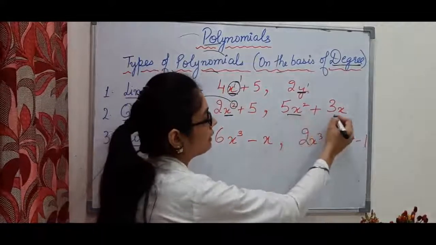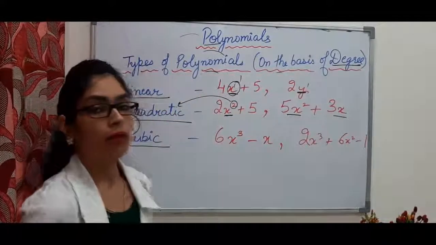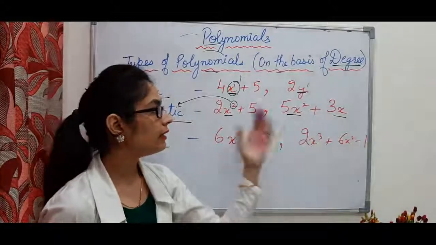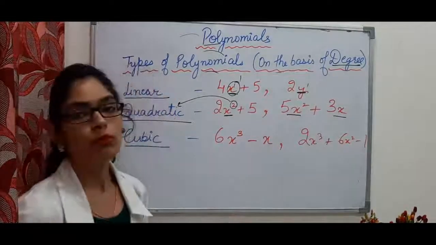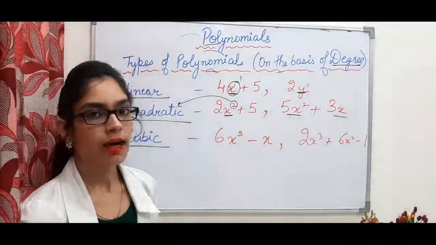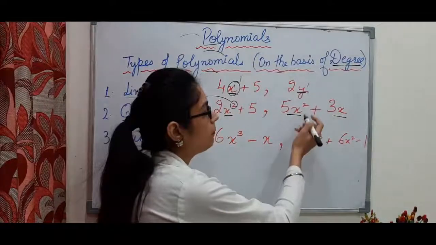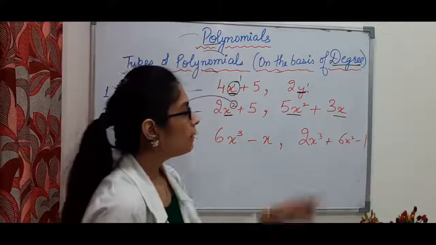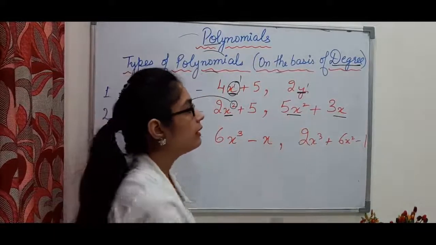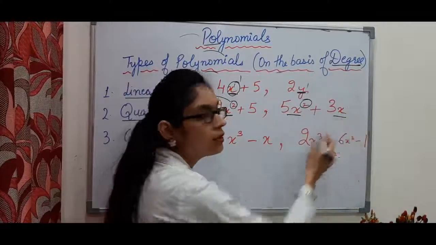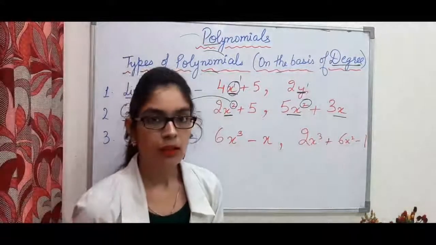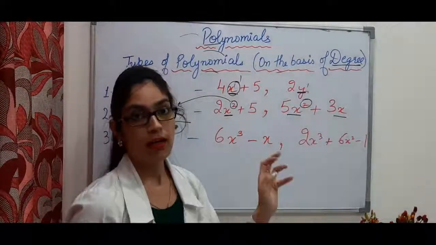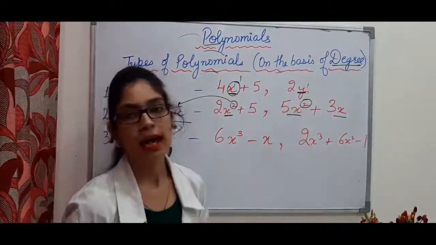Again if I see this, while you are seeing the degree of the variable, you have to always see the highest degree. Highest means here I can see x is present here also and x is present here also, but with this x the degree is 2, but with this its power is 1. So we always have to look out for the number which is the highest degree.